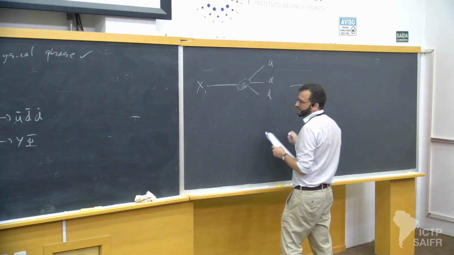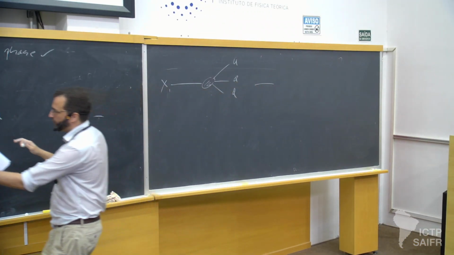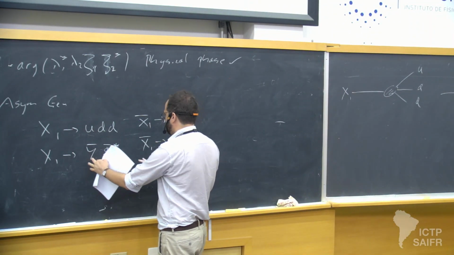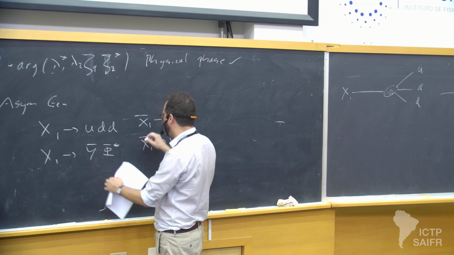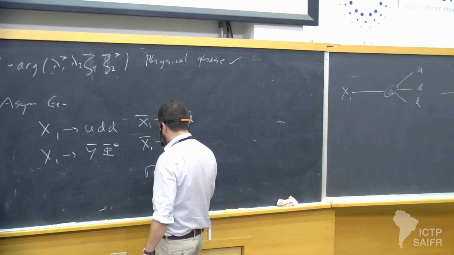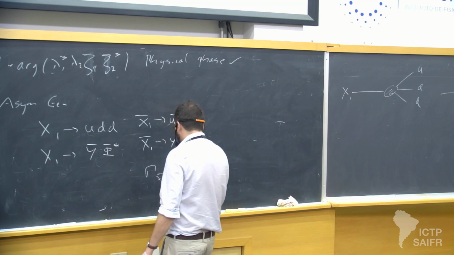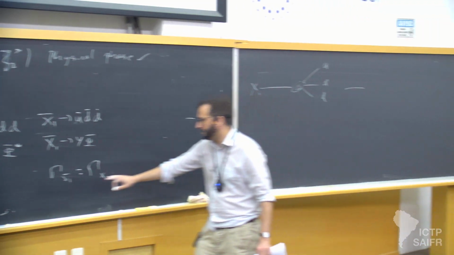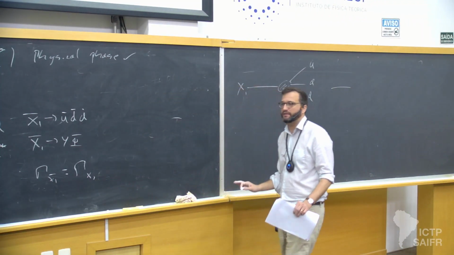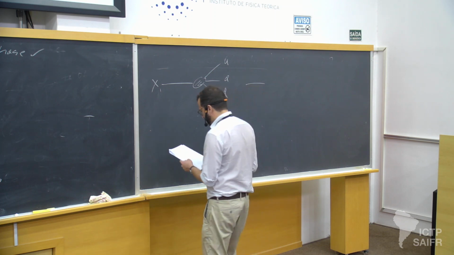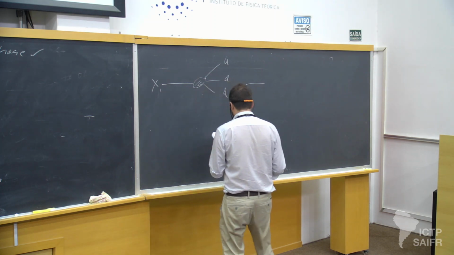But I say, if there's an asymmetry in this decay, there has to be a sort of opposite asymmetry in this decay so that the total decay rate of the X1 remains equal to the total decay rate of the X bar. The antiparticle has to have the same total decay rate, summing over the final states, as the particle.